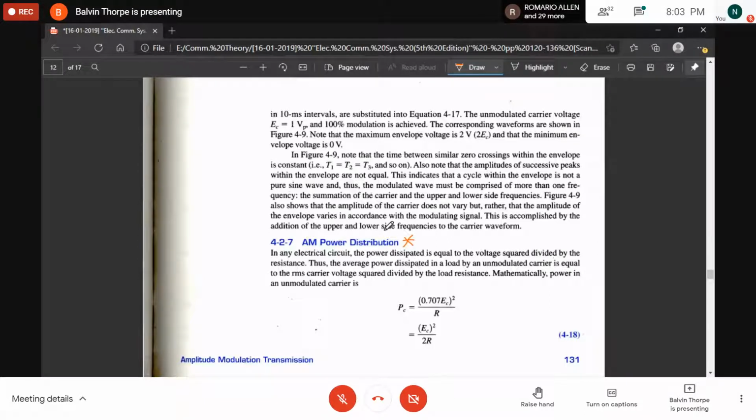All right. There are a couple of things we know. Mathematically, we know that power can be expressed as voltage squared over R. Agree? Good. Power could also be expressed as I times V, right?